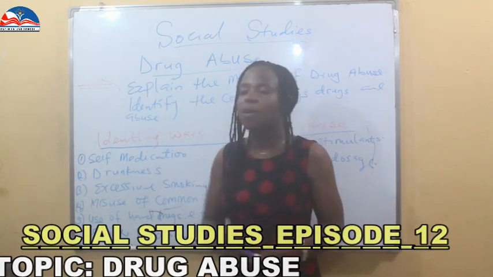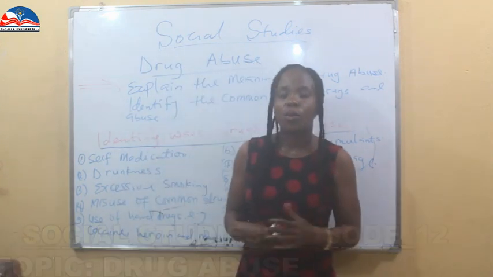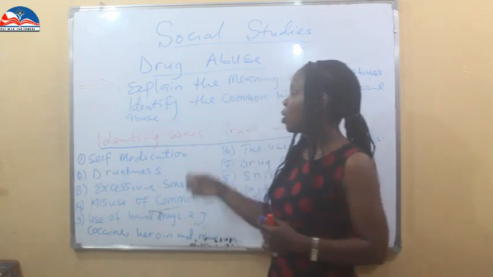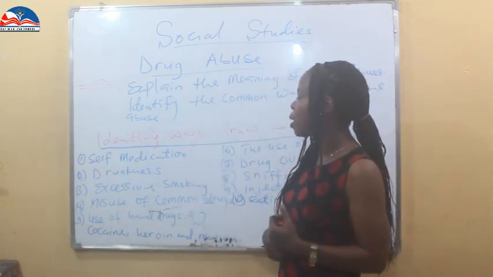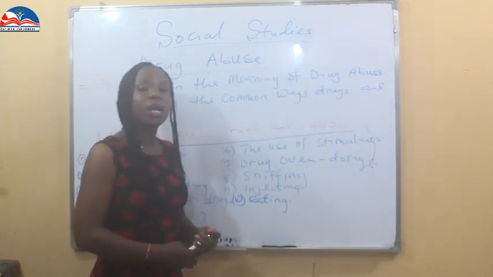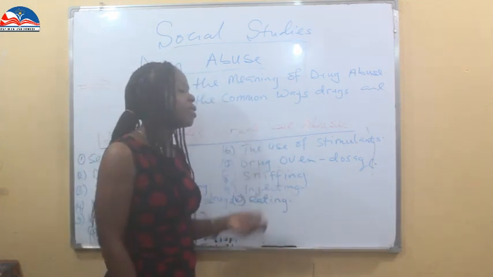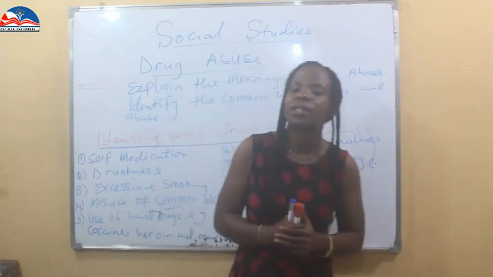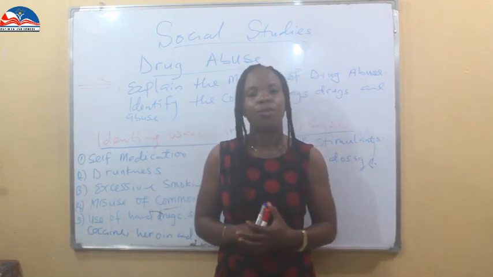So we have discussed 10 ways we can abuse drugs. Please, we shouldn't abuse drugs in any of those ways. The 10 we've mentioned: self-medication, drunkenness, excessive smoking, misuse of common drugs, use of hard drugs like cocaine, heroin, marijuana, the use of stimulants, natural and artificial, drug overdose, snuffing, injecting and eating. Please desist from any of these as a student, as an individual, whoever is watching this video. None of them is healthy for us.